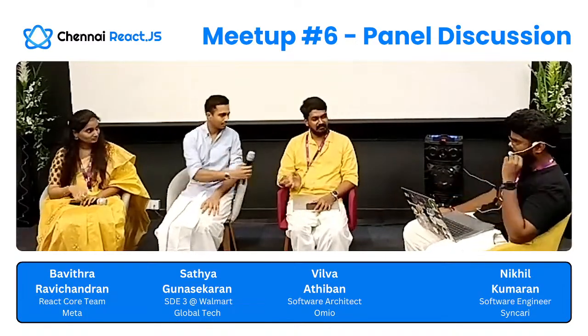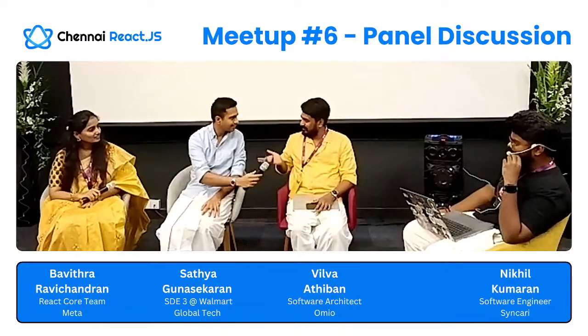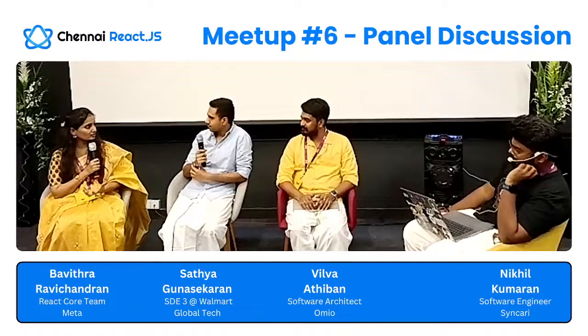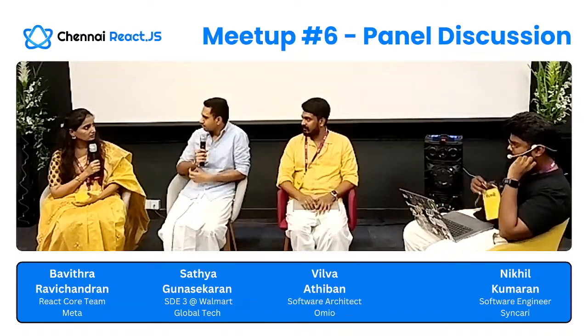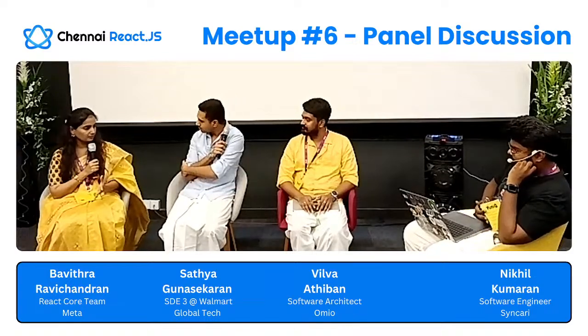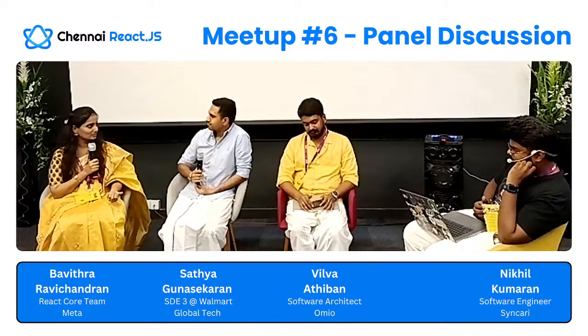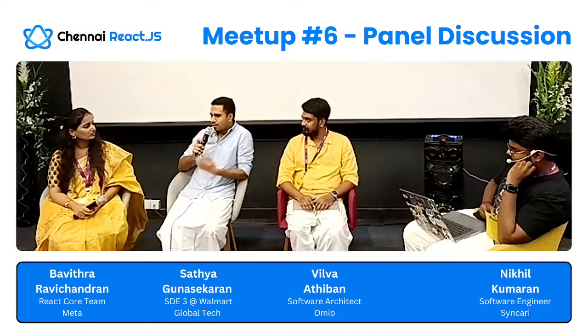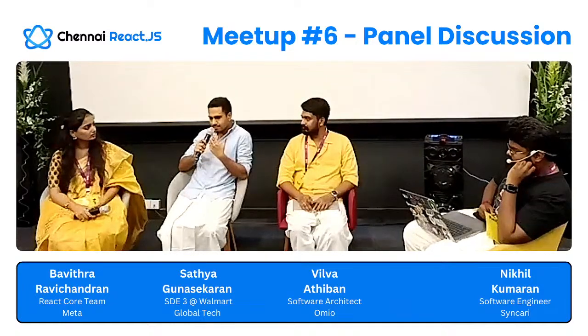Anything to add? Anything else means, in terms of which perspective? For an ideal application, if you are going to use server components, what things are you looking for? If I'm starting a new application, I would start with server components as the default.